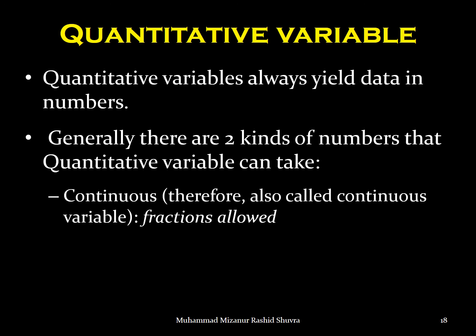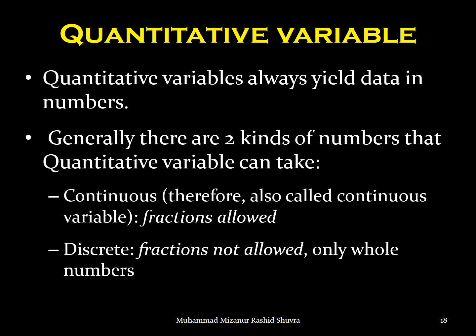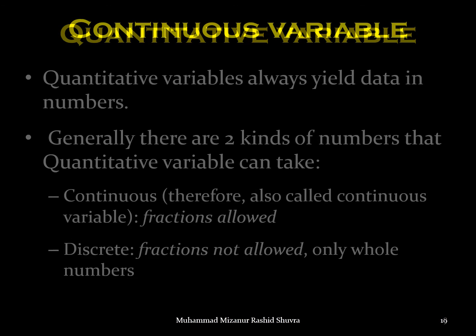You may have 1 and then 1.15 and then 1.115, 1.125, whatever. So fractions are allowed in a continuous form. We'll talk about this later. But in discrete variables, fractions are not allowed. Okay, they're whole numbers. That's the difference. You cannot have fractions in discrete, and that's why the meaning discrete.